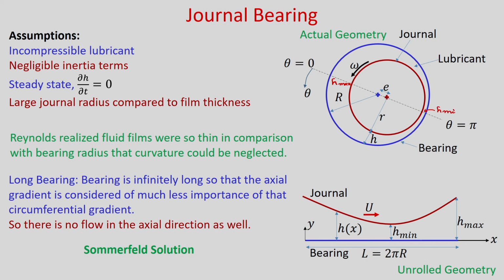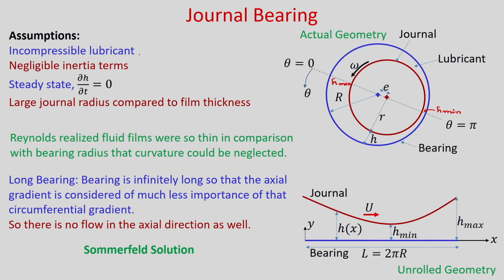So this is the minimum film thickness, and small r is the radius of this journal and h is the height of the film thickness, and capital R is the radius of the bearing, and theta is measured anticlockwise.